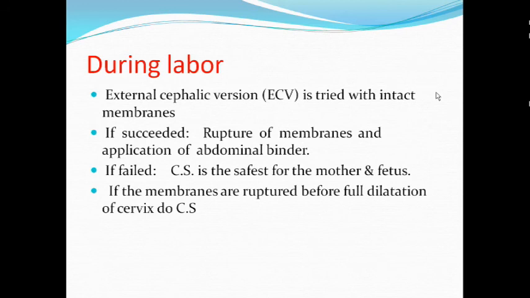External cephalic version should be done only by a skilled person, because there is a very high risk of placental separation and rupture of uterus in these patients. If you are not able to do that, take the patient for cesarean section.